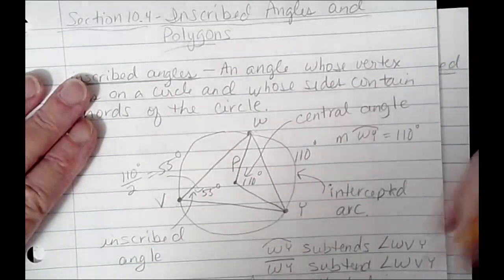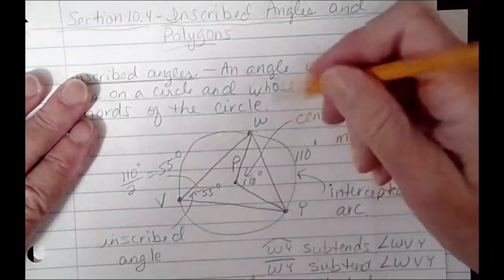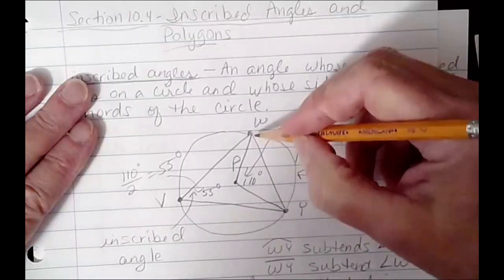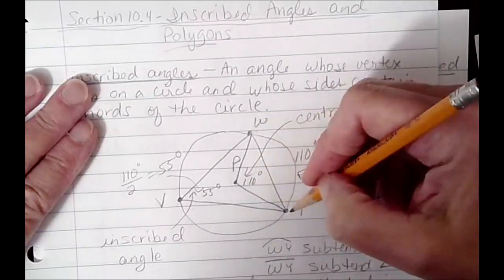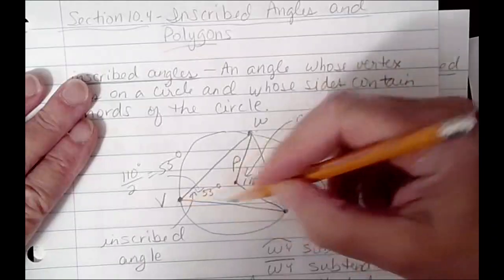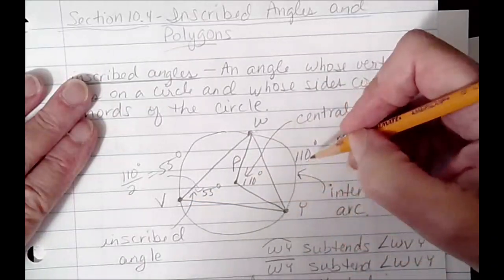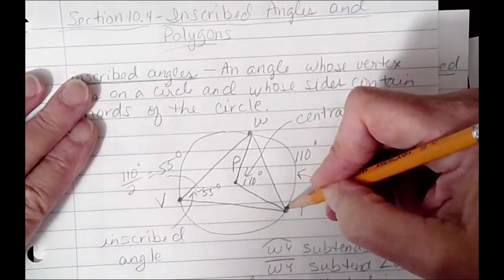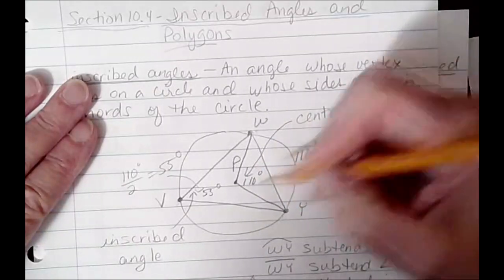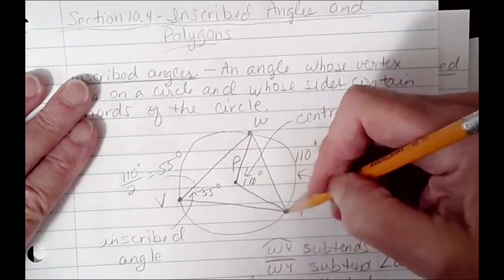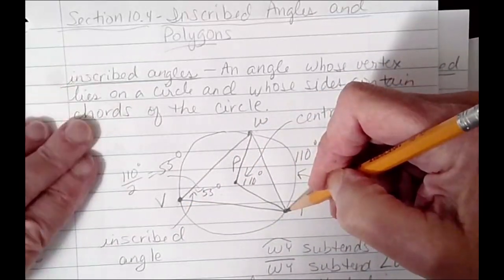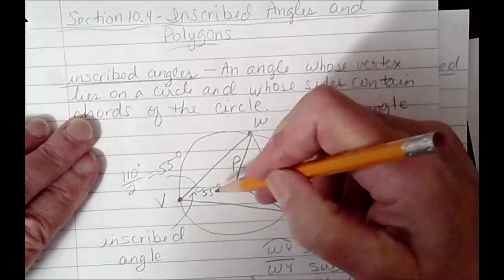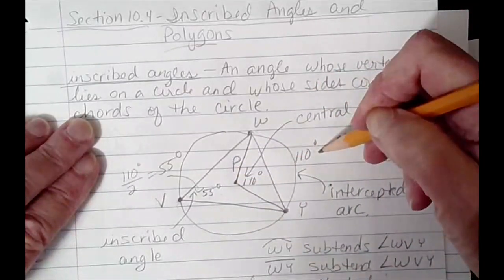It's important to get this visual that this arc of measure 110 degrees has a relationship with both the central angle that intercepts it and the inscribed angle that intercepts it. It is equal to the measure of the central angle, but it's twice as much as the measure of the inscribed angle. So the inscribed angle is half of what the intercepted arc is.